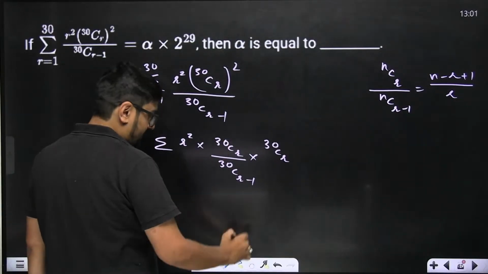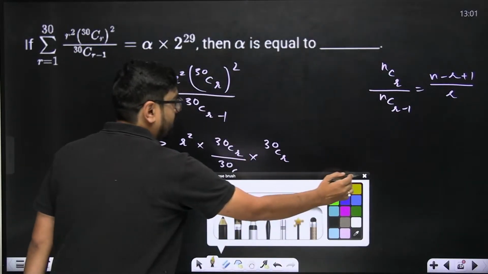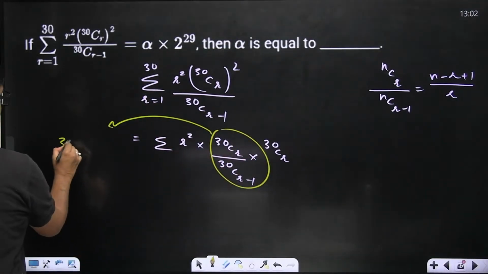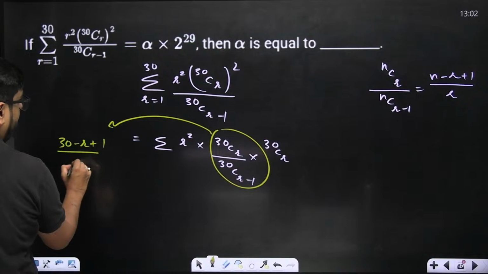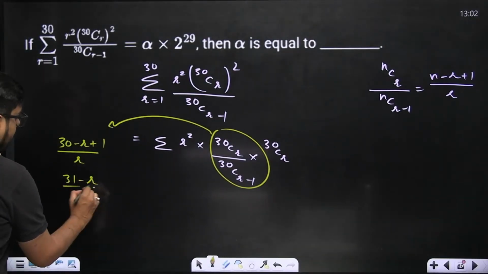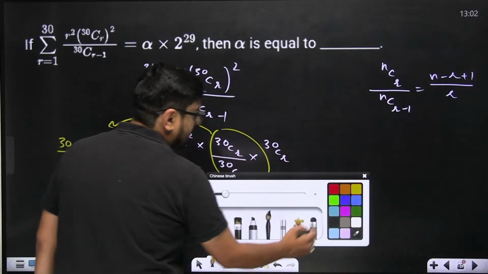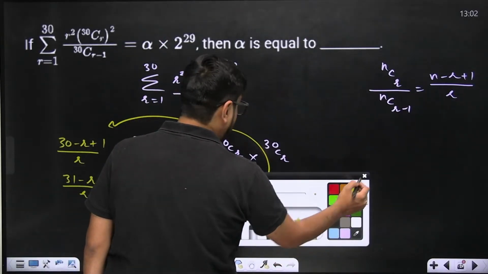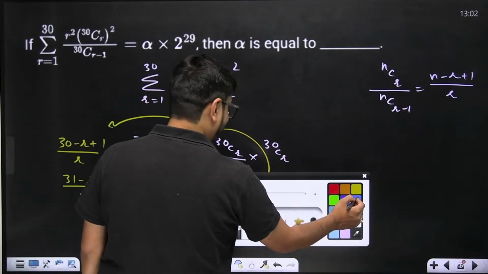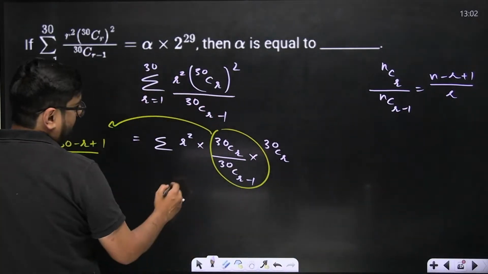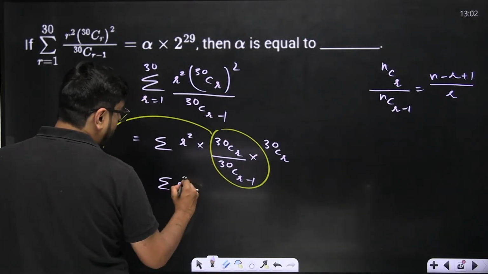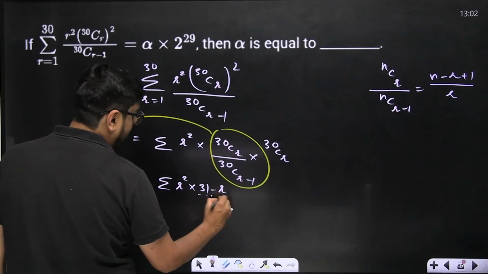Now this thing over here, my dear students, will become 30 minus R plus 1 divided by R. So this just became 31 minus R divided by R. Now R square multiplied with 31 minus R divided by R.